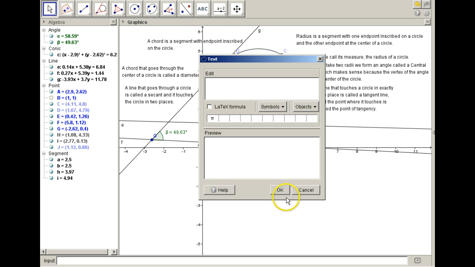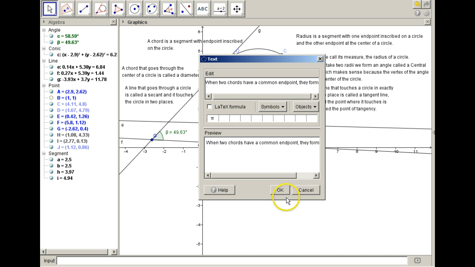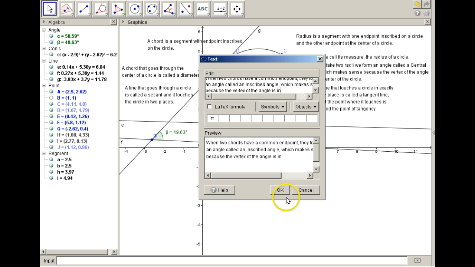So when two chords have a common endpoint, they form an angle called an inscribed angle, which makes sense because the vertex of the angle is inscribed on the circle.